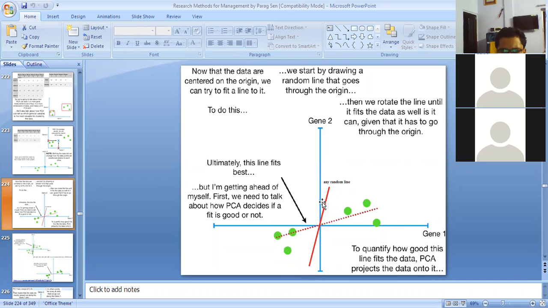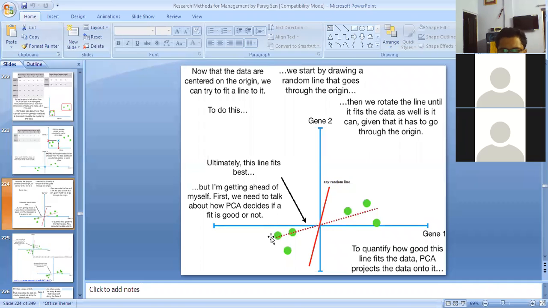Suppose this is any random line you choose. We start by drawing a random line that goes through the origin. Then we rotate the line until it fits the data as well as it can, given that it has to go through the origin. Ultimately, this line fits best.